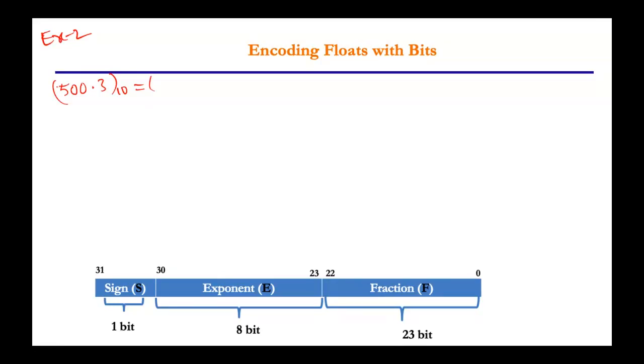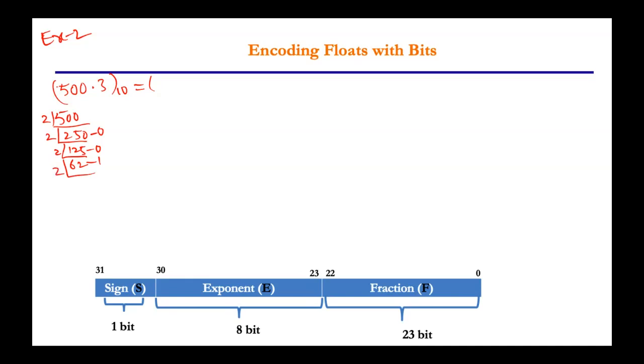For 500, do the same operation as the previous one: divide 500 by 2, that is 250, remainder 0. Then divide by 2, that is 125, remainder 0. Then divide by 2, that is 62, remainder 1.